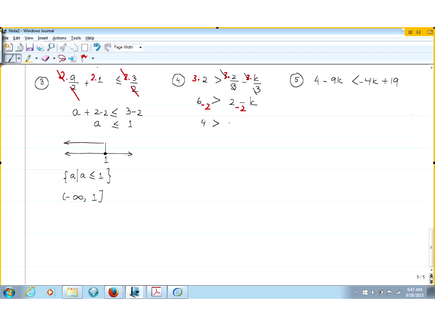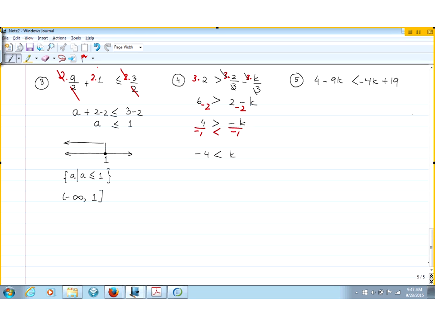Okay. So 4 is greater than negative k. Divide both sides by negative 1 or multiply by negative 1. It's the same thing. And what am I supposed to do here? Switch the sign. So negative 4 is less than k.